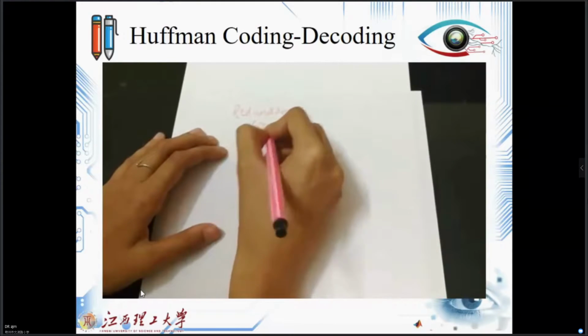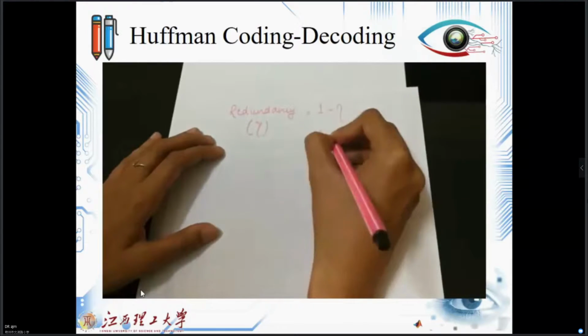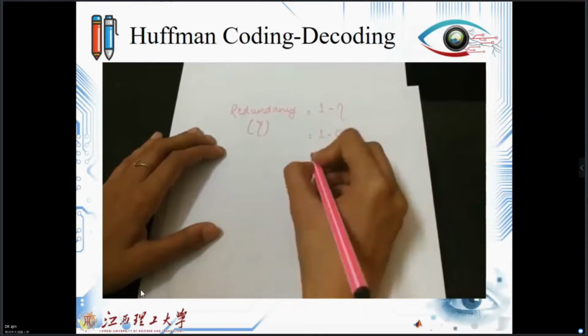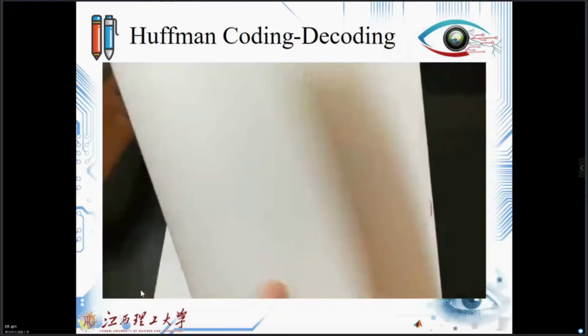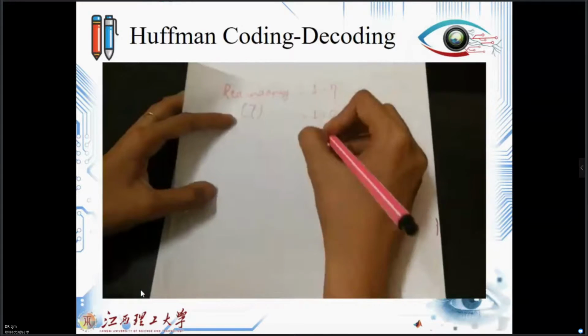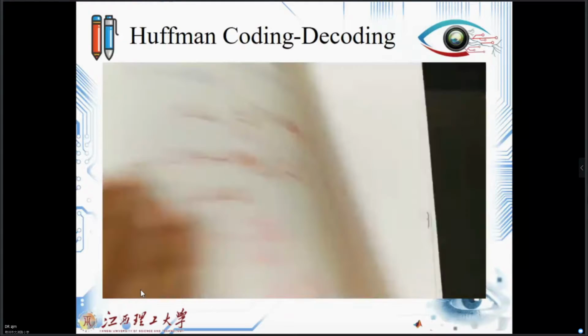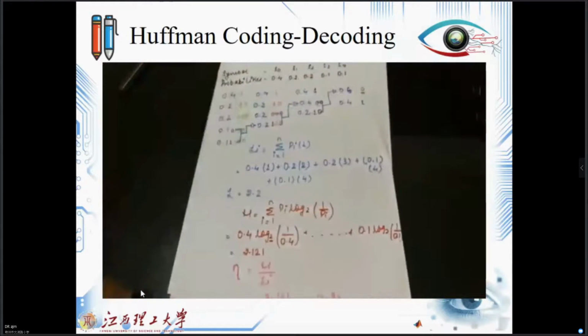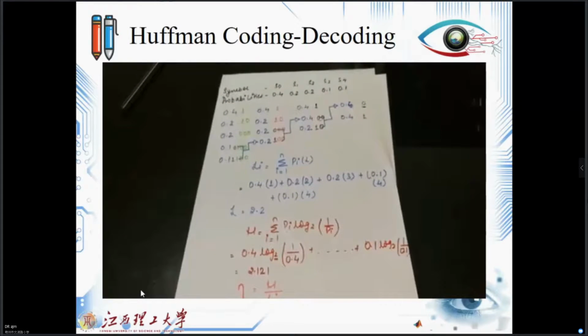We know it as gamma. 1 minus eta will come. 1 minus this value, it becomes the result. Okay, that was the calculation of Huffman coding with the pen and pencil method.